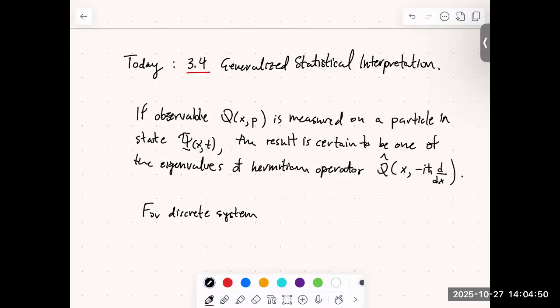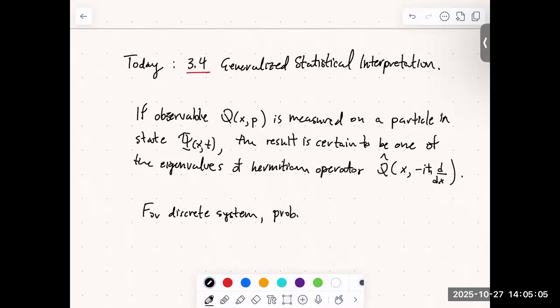We also had continuous states, and for that, we had the position eigenfunctions and the momentum eigenfunctions as examples of continuous systems. But let's start with a discrete system.